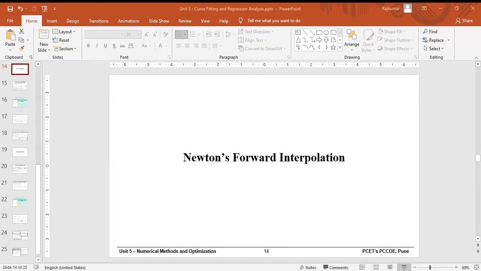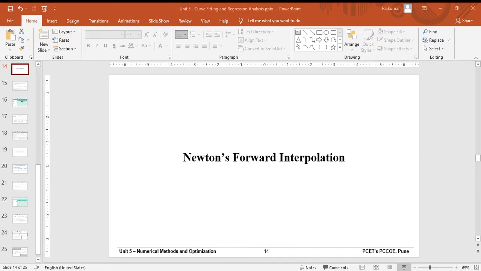Next important thing is that many times in a given problem, two or three sub questions will be there. That is, find y when x is 110, 160, 220. So what you will do? You need to prepare the table only once, then write down the equation. This highlighted equation you can see.